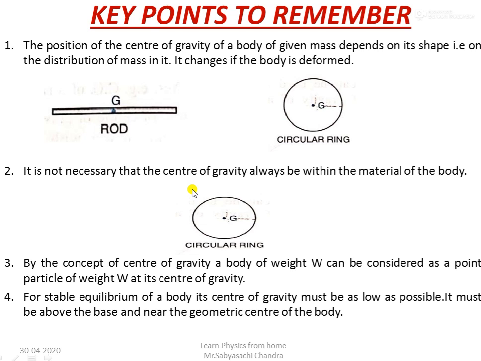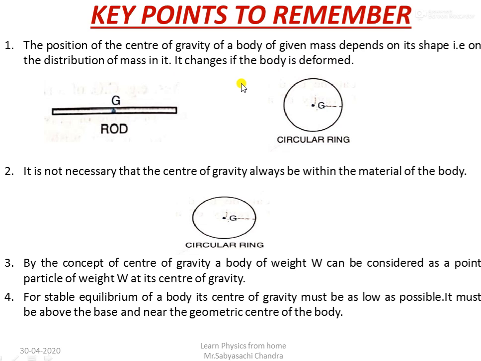So what will be the center of gravity for all these kinds of objects? Now the first point: the position of the center of gravity of a body of given mass depends on its shape, that is, on the distribution of mass in it. It changes if the body is deformed.